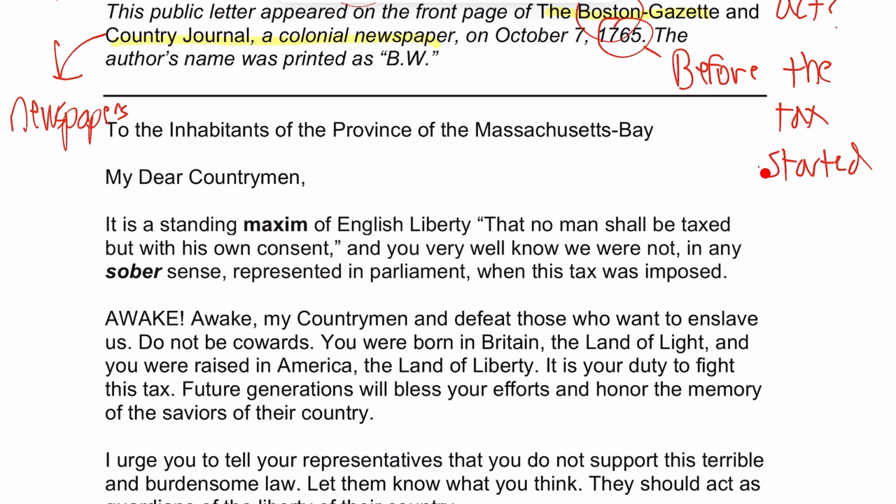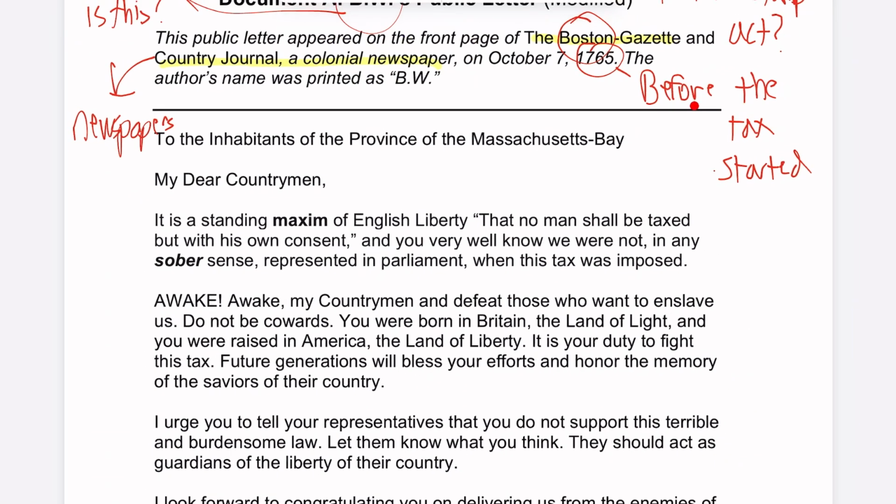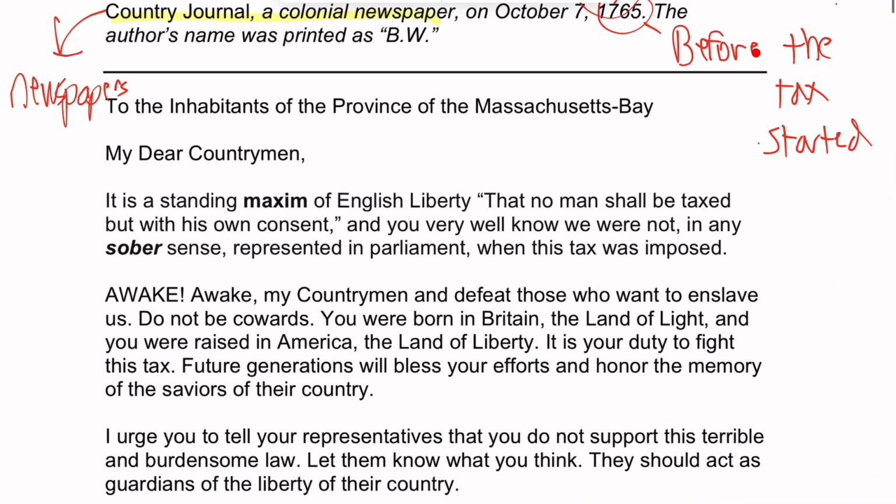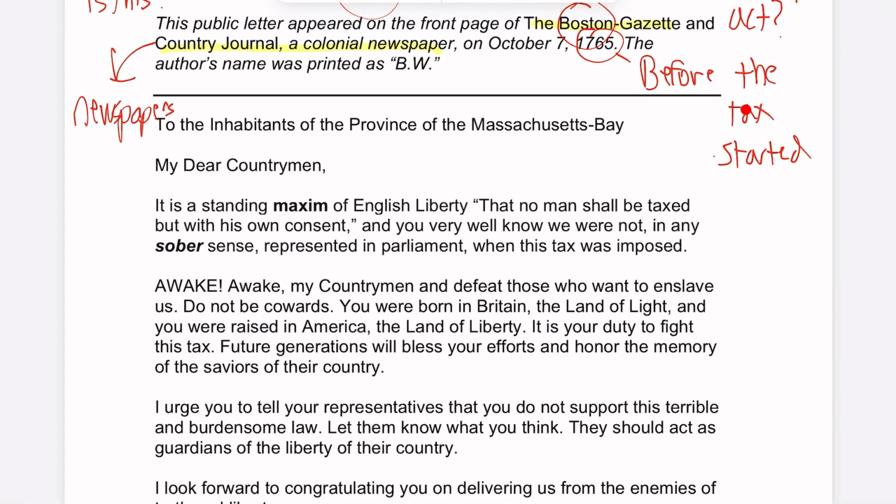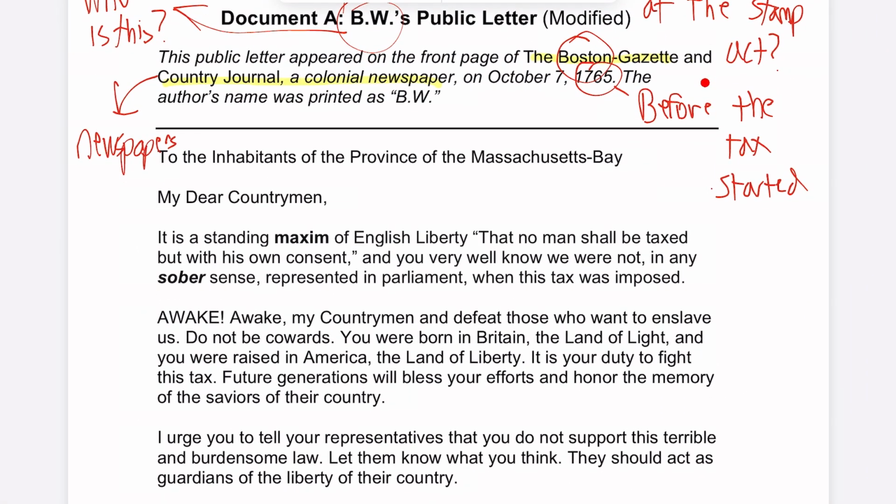Looking at the date, before the tax started, and contextualizing things: we know people were very upset in the American colonies about the Stamp Act, and they are probably at the height of feeling upset about it. We are going to read and see if we can find BW's opinion, his or her, we don't know who.